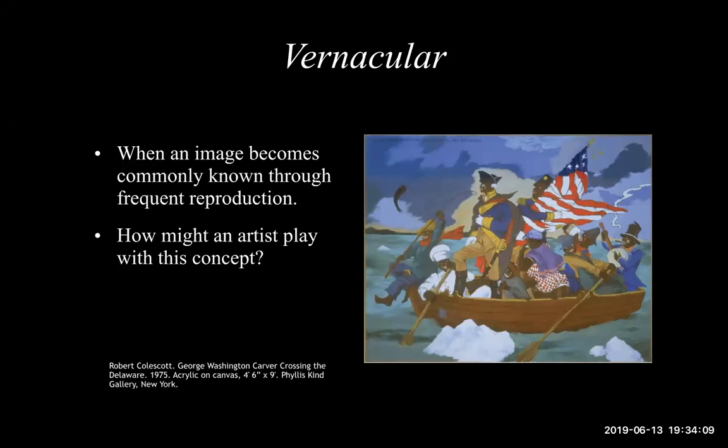But in George Washington Carver Crossing the Delaware by Robert Colescott, he has struck a different relationship. He plays with the familiarity of the patriotic image and startles us with a presentation of negative Black stereotypes. One American stereotype is laid on top of another, leading the viewer to confront preconceptions about both. And that's right from Design Basics.